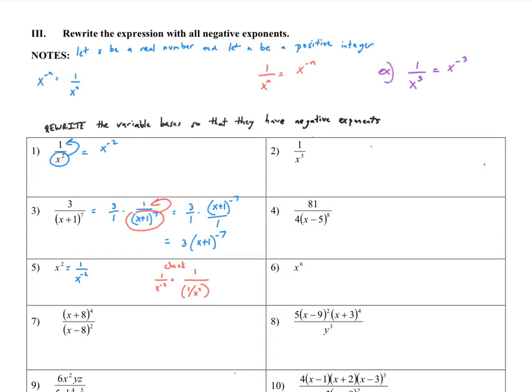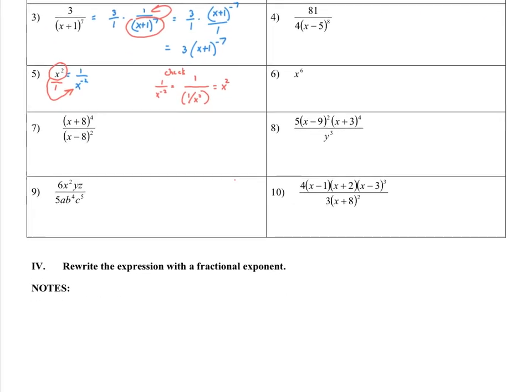Since division is the same thing as multiplying by the reciprocal, we can see that that equals x squared. The important thing to remember, though, is that if we have something like x squared, we can take that quantity, move it into the denominator, and make the exponent negative. So we can use that technique for number 7.